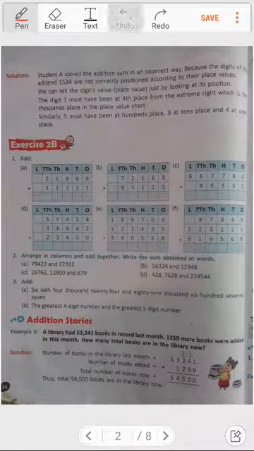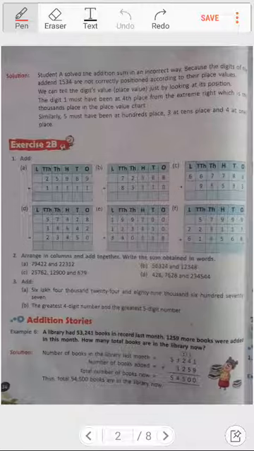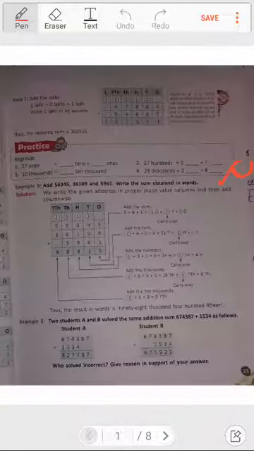When we look at its position, the digit 1 must be at the 4th place from the extreme right. And what is its place? Its place is 1,000. Which digit 1 is being asked about?